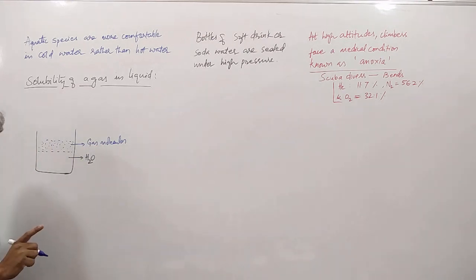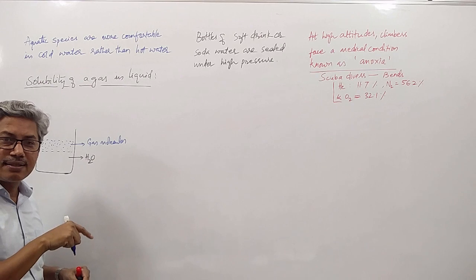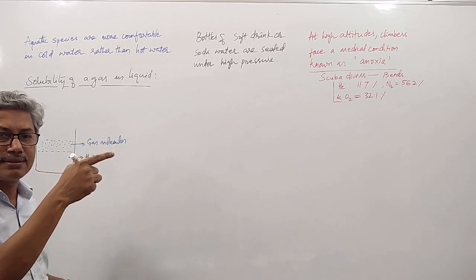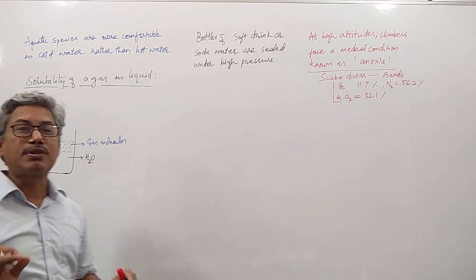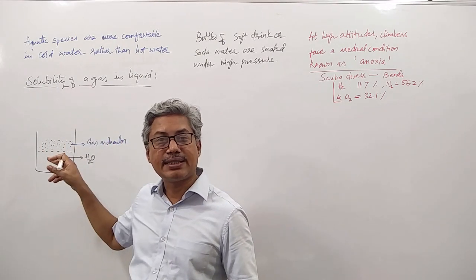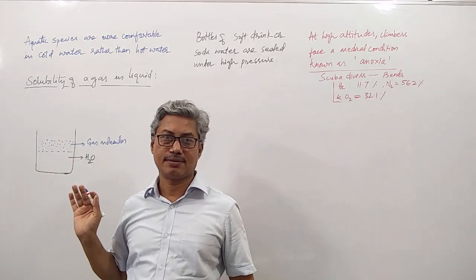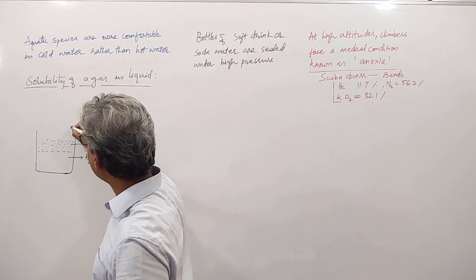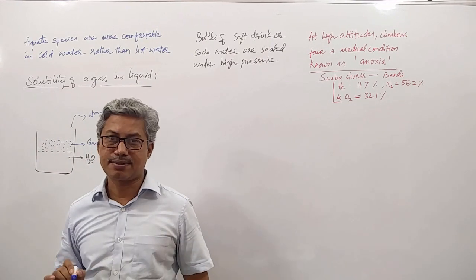Now we have a container containing liquid, and above this gas is present. Some gas is present. Now as long as this mouth of the container is kept open, it means that that gas is experiencing atmospheric pressure. So this is under atmospheric pressure condition. Clear, students?